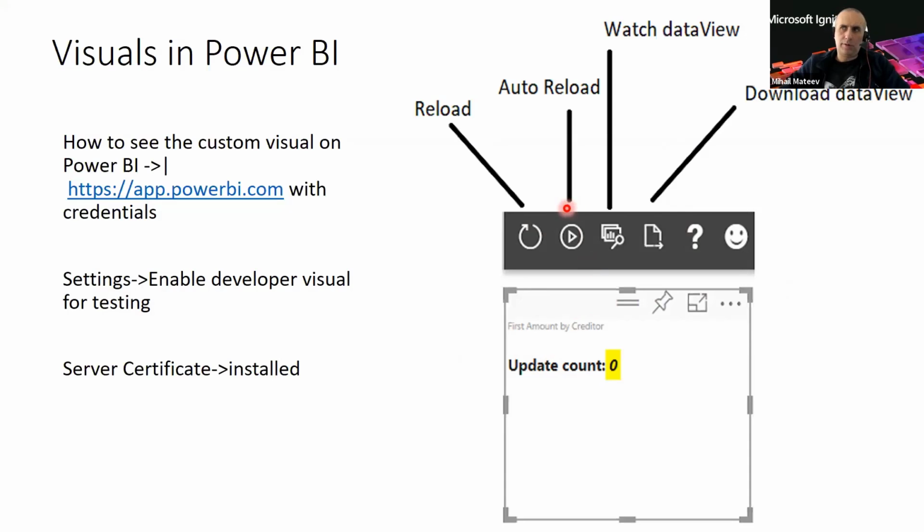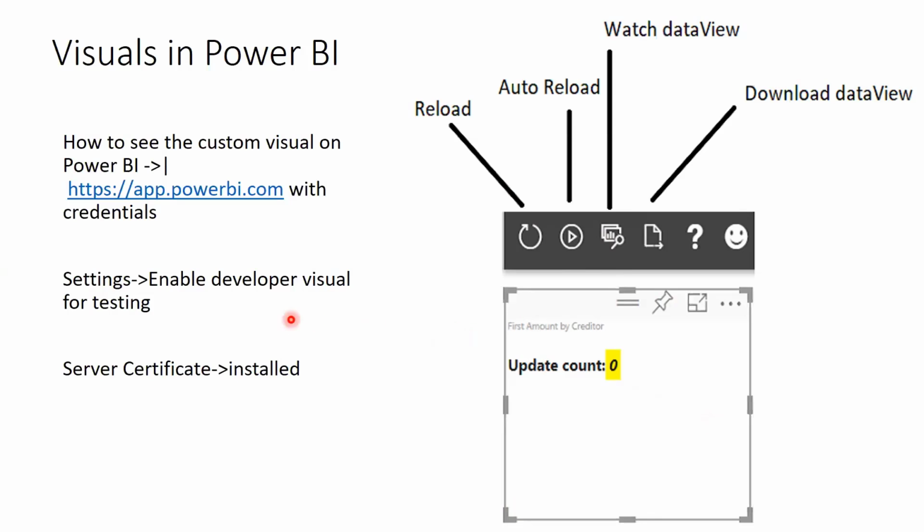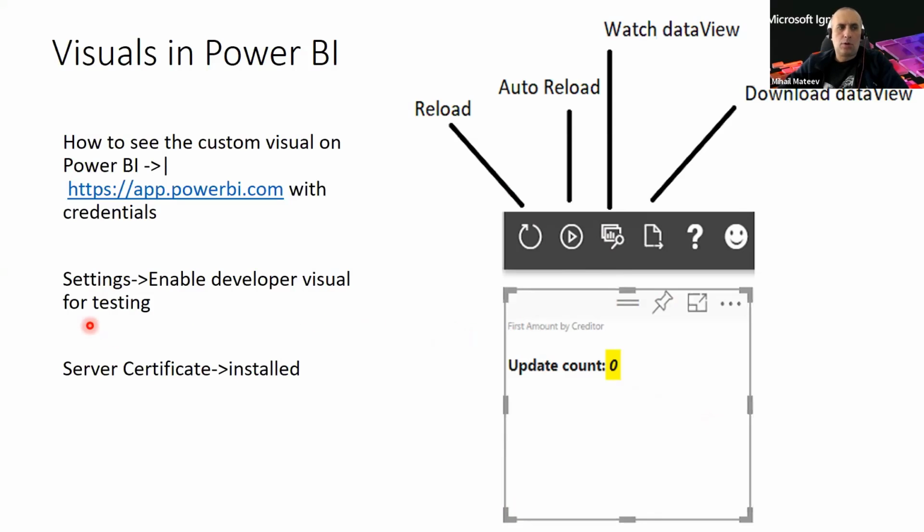When you load custom visual, it happens in a flow for which we also have no time for details, but you need to install Node.js, you need to install Power BI SDK, which is Node.js based, and you need also to install certificate from Power BI site, which will allow you in Power BI to have actually trusted origin, which will be your local Node.js server, which is very important.